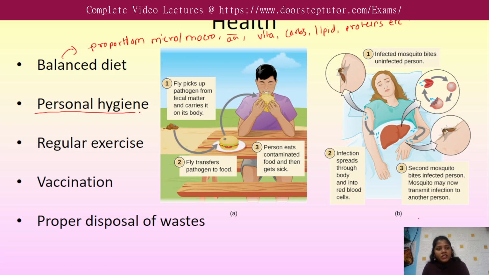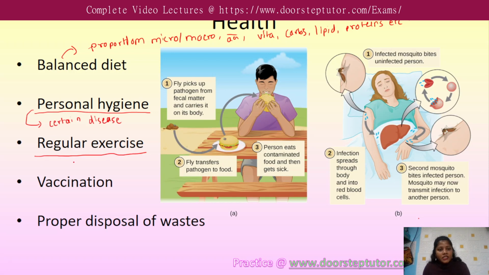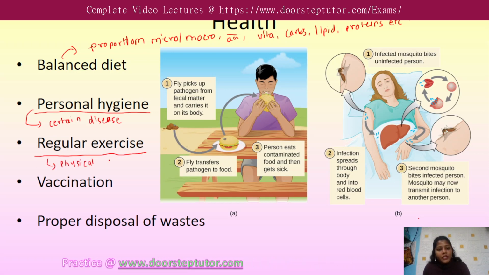Then personal hygiene. If we do not keep our hygiene clean, or we do not clean our body properly, it will invite certain diseases in our life. Then regular exercise. Physical activity also plays a crucial role in maintaining good health.